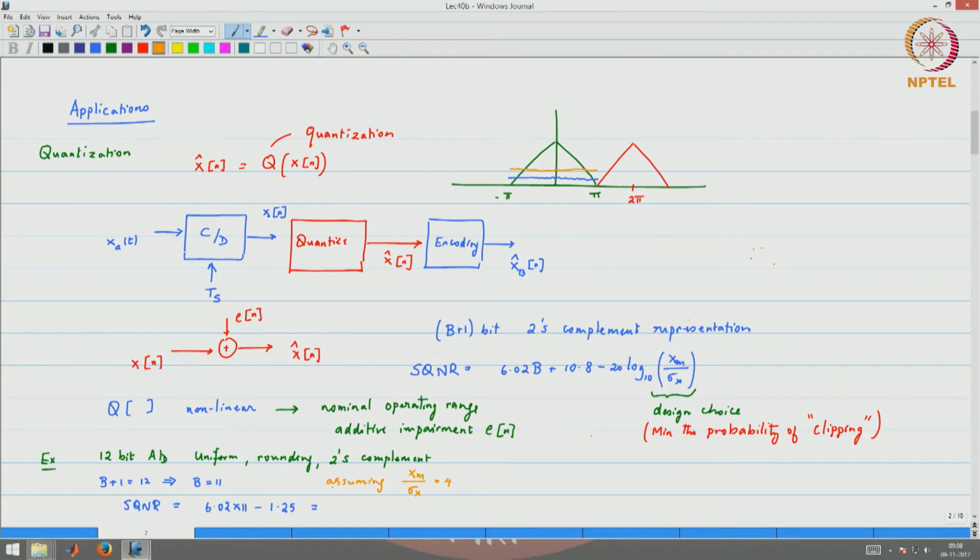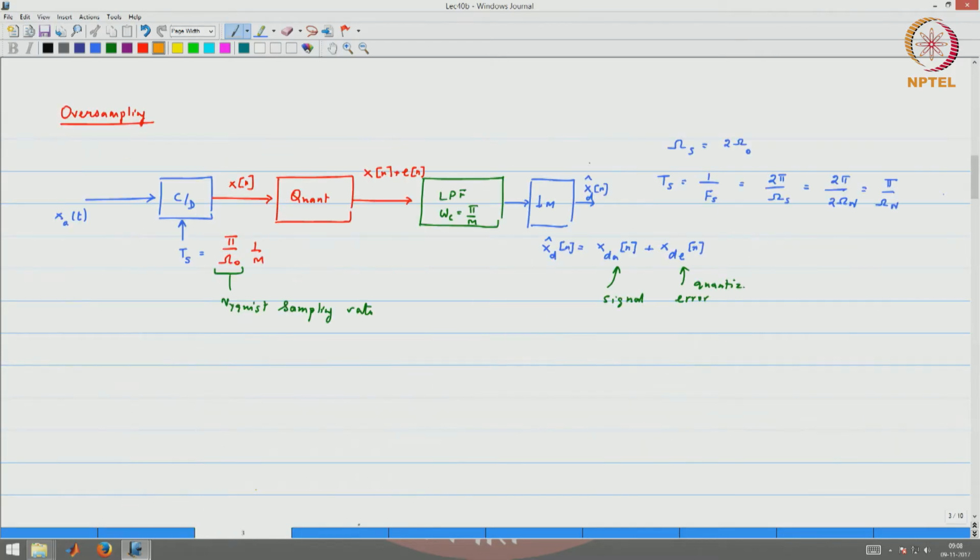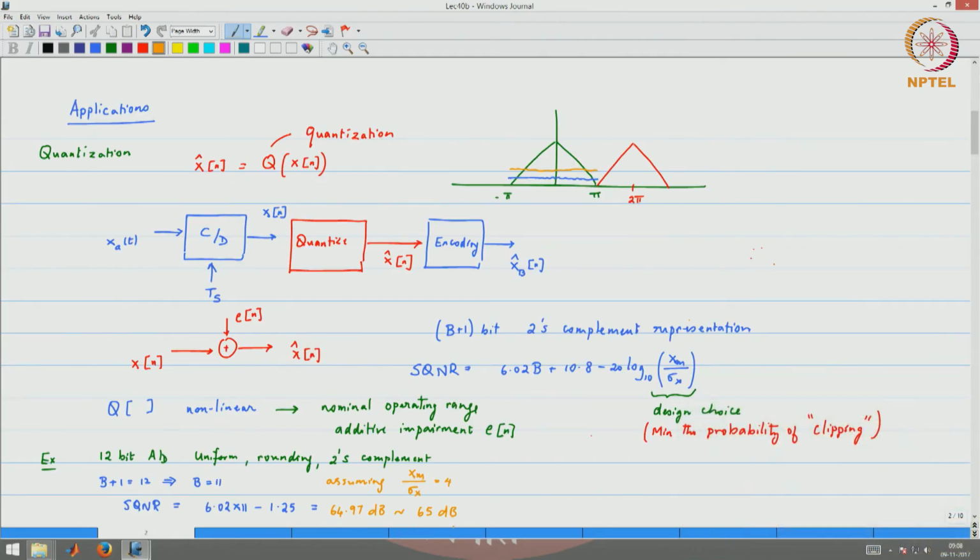If not, you would have to recalculate that. So, this comes out to be about 64.97 dB. We can say that it is about 65 dB. That is what you will get with a 12-bit quantizer with 2's complement, uniform step levels. So, just make sure you are okay with this 65 dB, that is roughly the range that you will get.